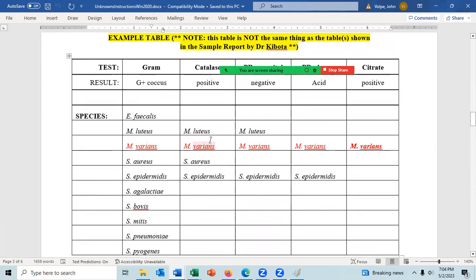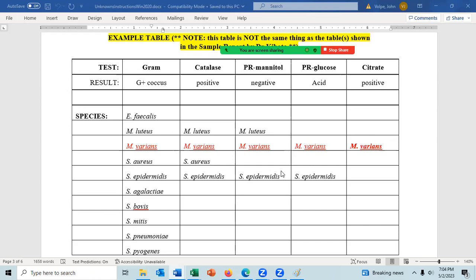And then it was catalase positive, and that narrowed it down to these 4. And then let's see, what's the next one? PR mannitol narrowed it down to these 3. PR glucose narrowed it down to these 2. And then citrate narrowed it down to Micrococcus varians. Okay. So this table is showing me the steps you used to identify the species.